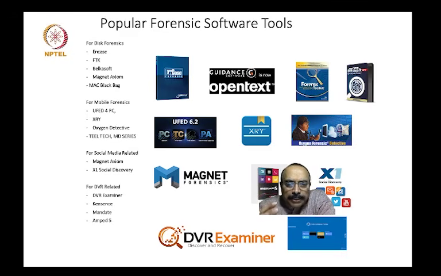So all that is possible through several tools which are available for Mac operating system, for iOS, for Android, for Windows, for Linux, Unix, all different varieties of operating systems and applications. Data can be recovered and viewed through these forensic tools.